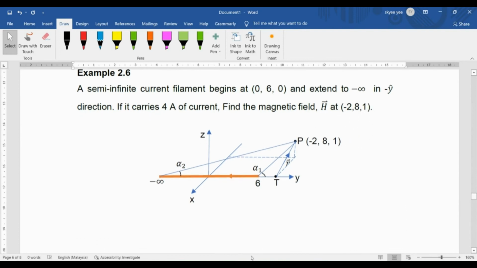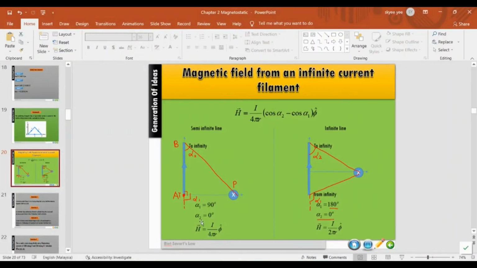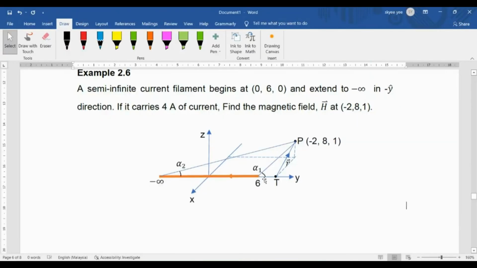For this one, even though you have an equation for this semi-infinite line, it is based on the assumption that the current filament is in this position, which means that when alpha 1 is equal to 90 degrees, then you will get this. But obviously for this one, alpha 1 is not equal to 90 degrees.